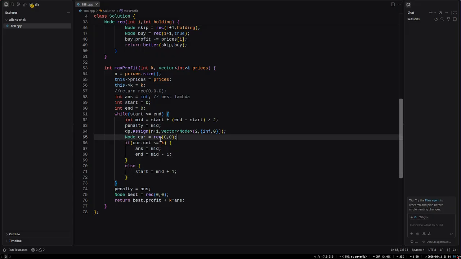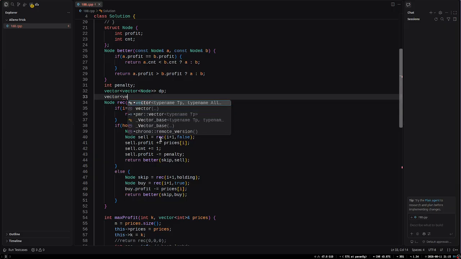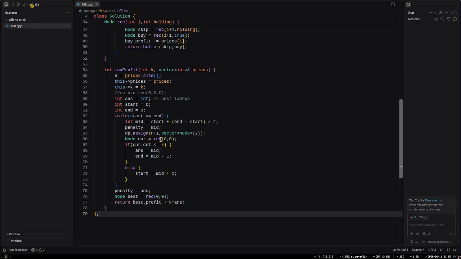Fine. And before the final recursion also, if you are having confusion with initial values, what you can do is maintain some other visited array. That's better. Whenever you are having confusion with what should be the initial value, maintain a visited array.